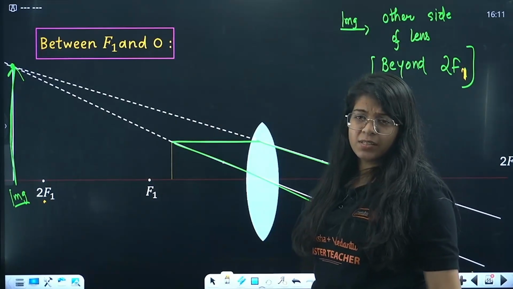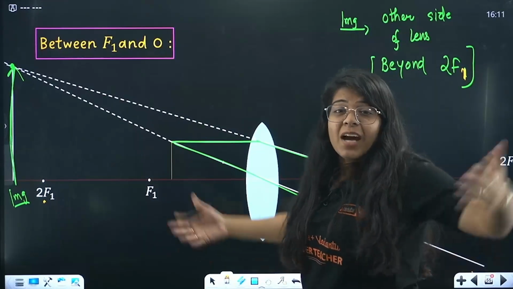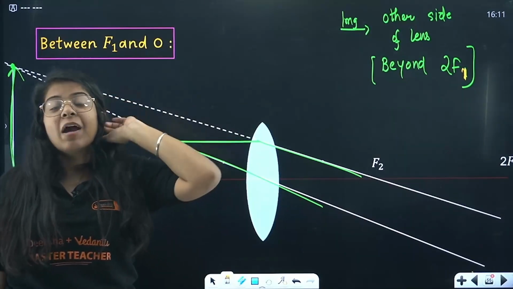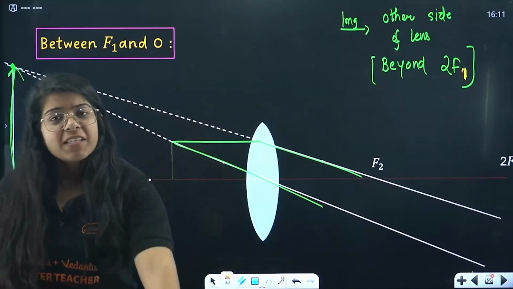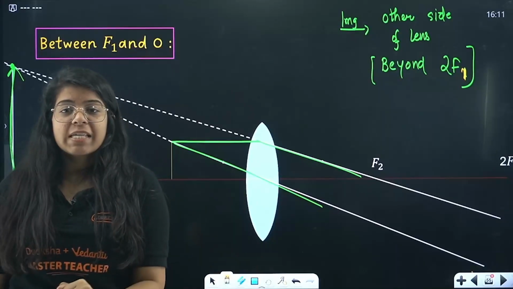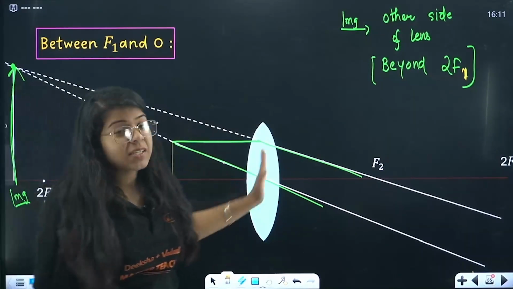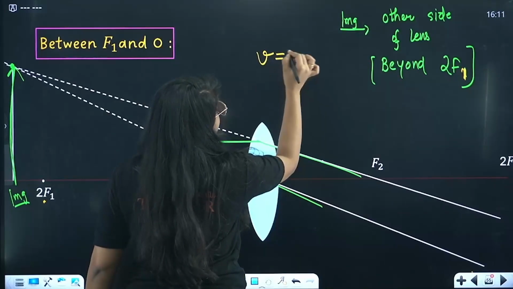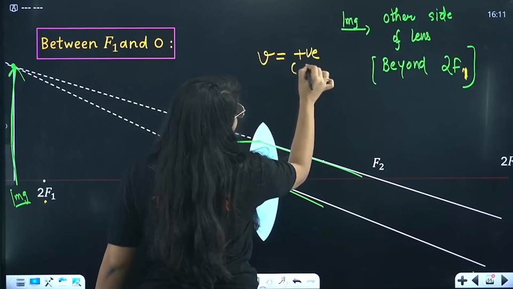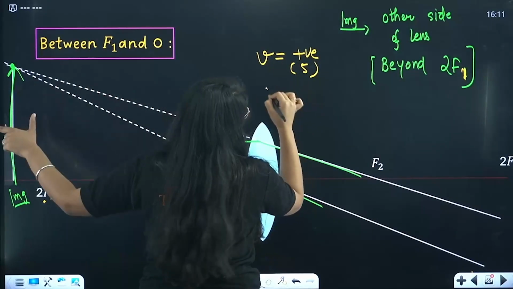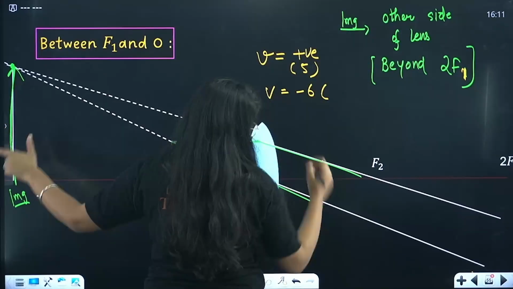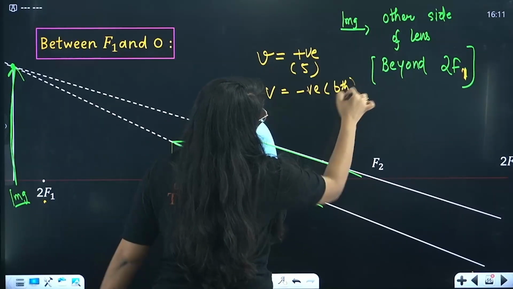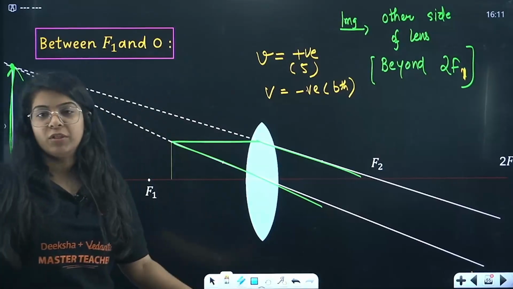That's the only difference. Okay, done. We are done with 6 cases of convex lens, just like concave mirror, and these are very simple. All the nature of images are the same, just the sign of V is different. It is positive for the first 5 cases. It is negative for the 6th case. That is all you have to understand.